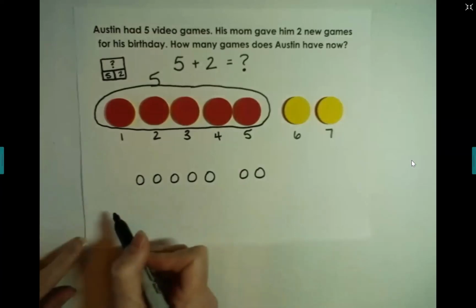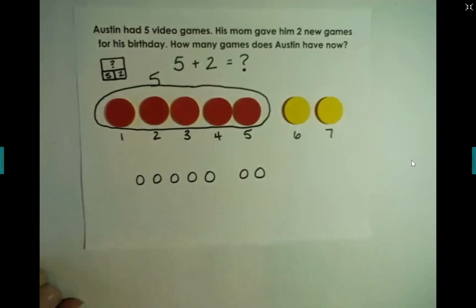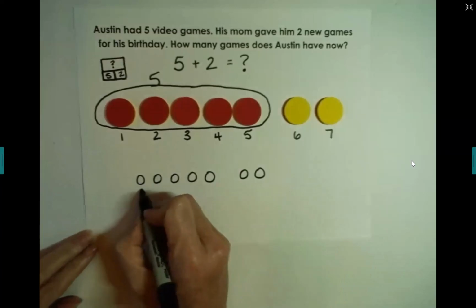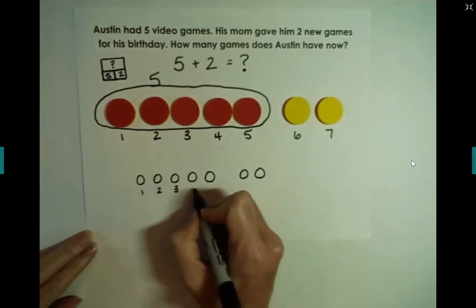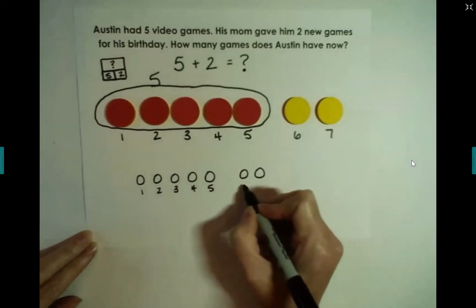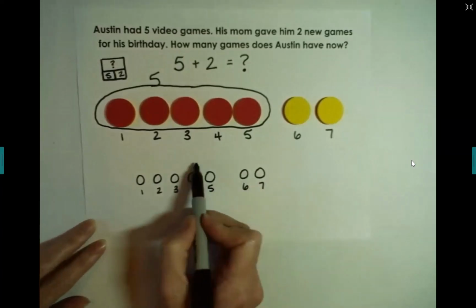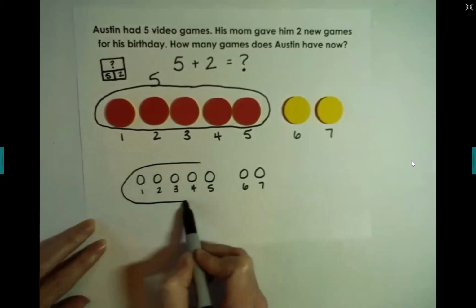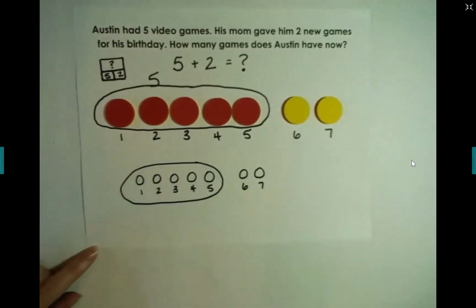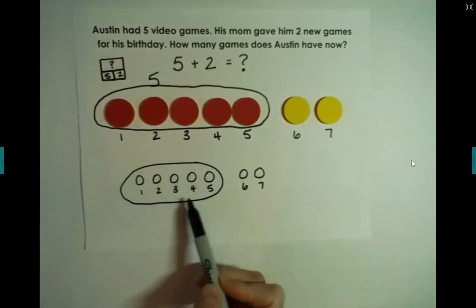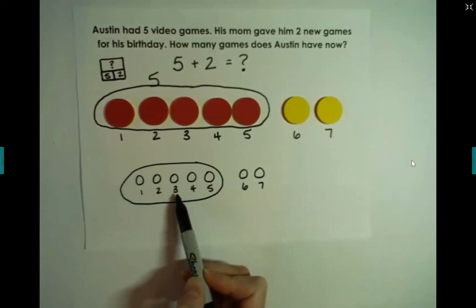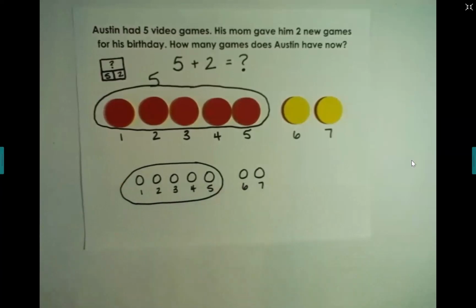And again, students can find the sum by either counting all, 1, 2, 3, 4, 5, 6, 7, or move to a more efficient counting on strategy, saying 5 that we know, 6, 7 to find that total sum.